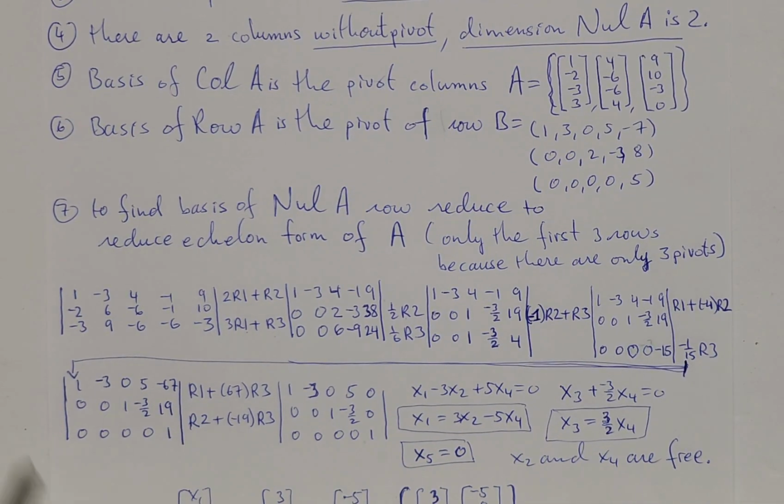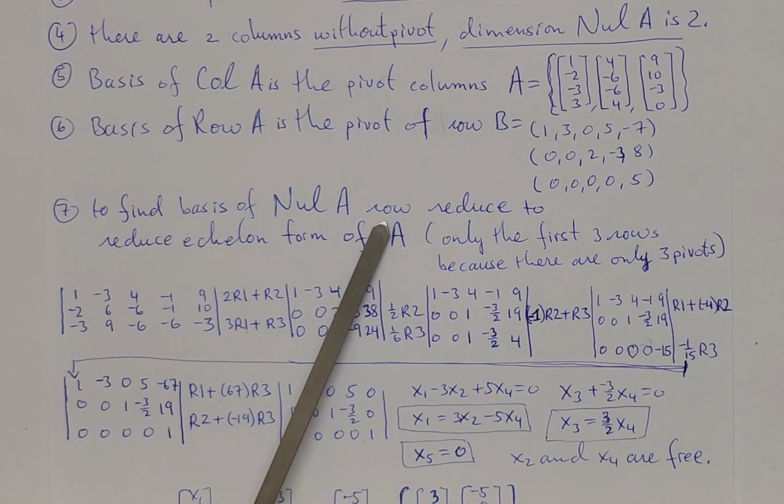Number 7, we're going to find the basis of null A, and we're going to use row operations.